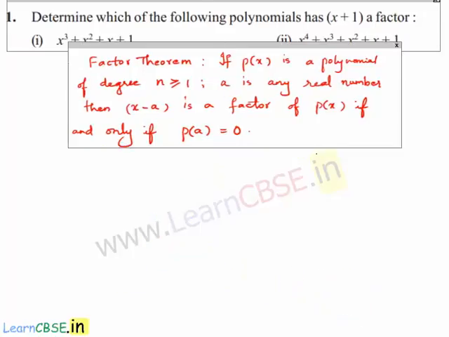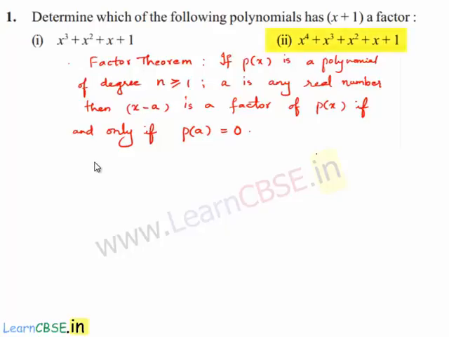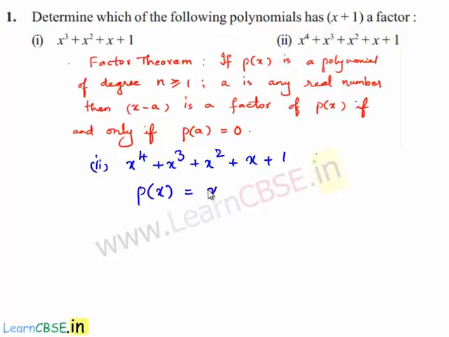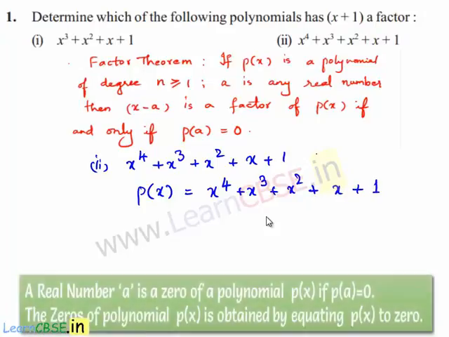Now coming to the second problem, which is x power 4 plus x cube plus x square plus x plus 1. We can write it as p of x is equal to the given polynomial x power 4 plus x cube plus x square plus x plus 1.